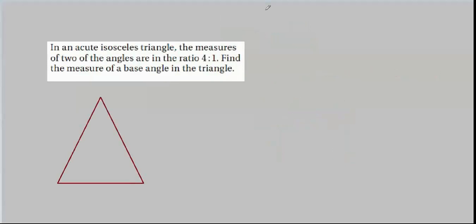Now, the problem here is, I went ahead and drew an isosceles triangle. We have an acute isosceles triangle, and this looks like an acute angle to me. The measures of two of the angles are in the ratio of 4 to 1. Well, remember, in an isosceles triangle, these two angles are congruent. So the 4 to 1 has to be this to this, or this to this.